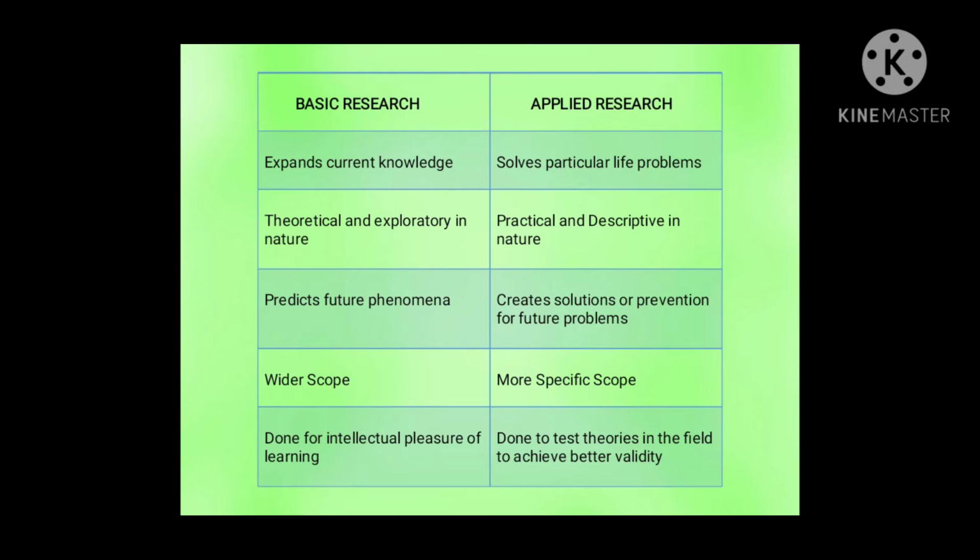Basic research predicts future phenomena, while applied research creates solutions or prevention for future problems. Basic research has a wider scope, while applied research has a more specific scope. And lastly, basic research is done for the intellectual pleasure of learning, while applied research is done to test theories in the field to achieve better validity.